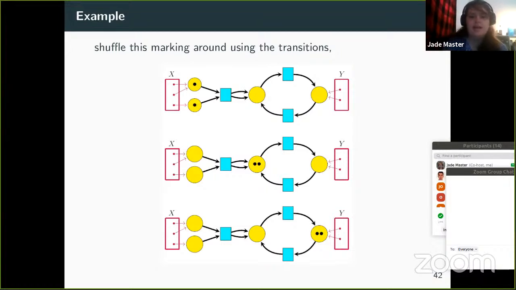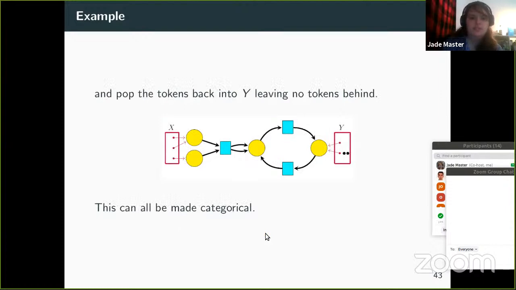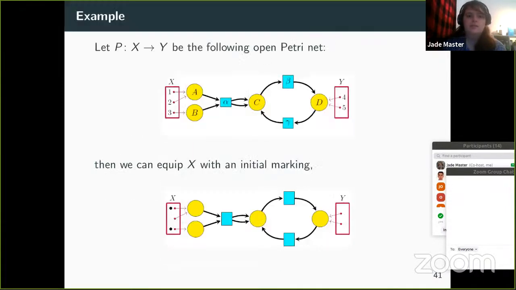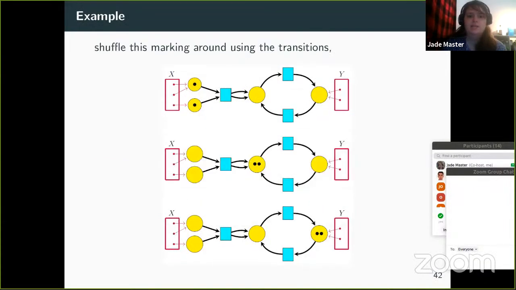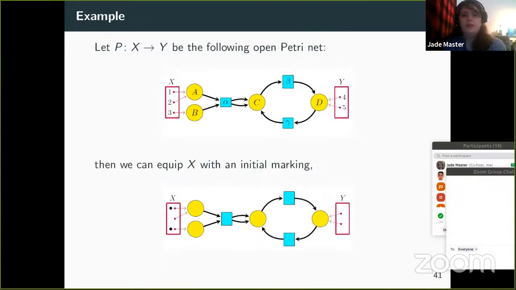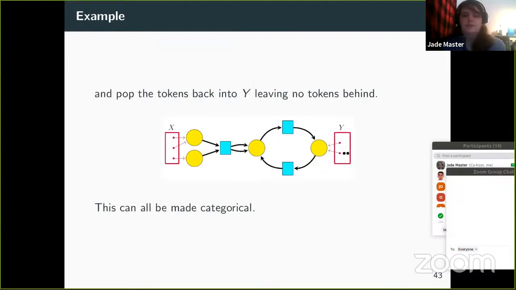And then you can fire this blue transition on top twice. And then you can push them into the output. So that means that this marking on the input that we started with here, or this output, is reachable from the one we started from the input. And all of this can be made categorical.